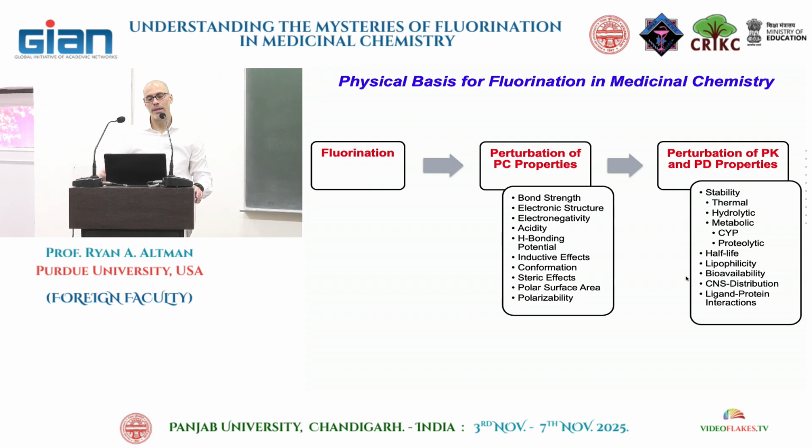In order to understand that why, we need to understand the physical chemical properties that are perturbed by fluorine. So as medicinal chemists, as discovery chemists, we're definitely interested in understanding how fluorine perturbs all these physical chemical properties. And when you think about drug discovery, drug design, you're always measuring and checking and testing on all these types of properties.